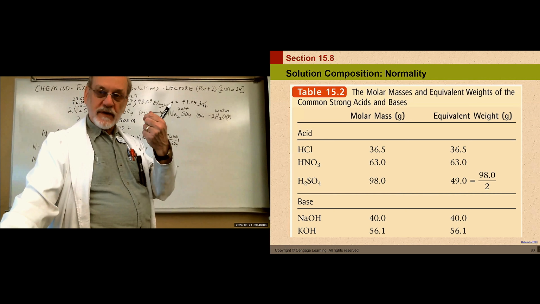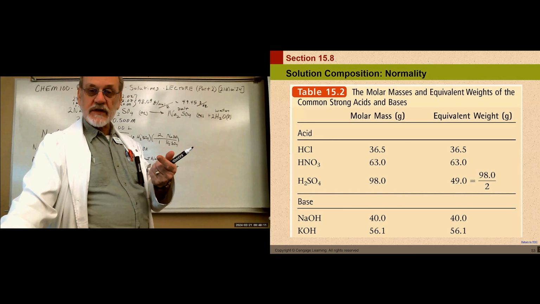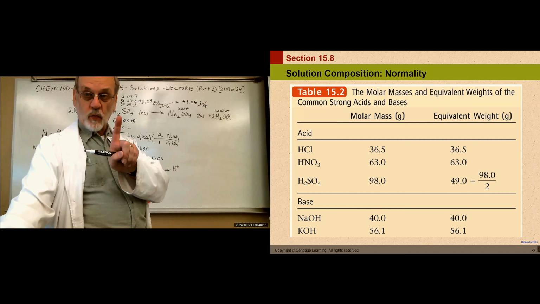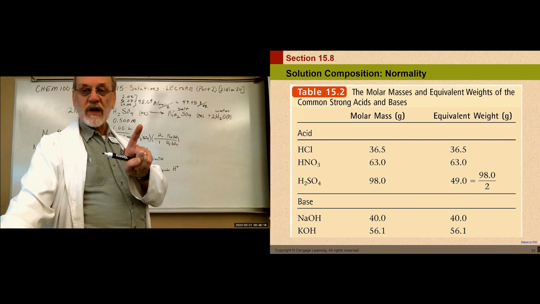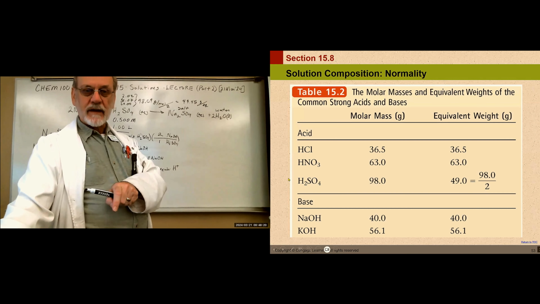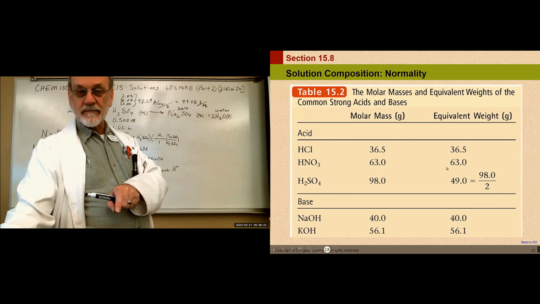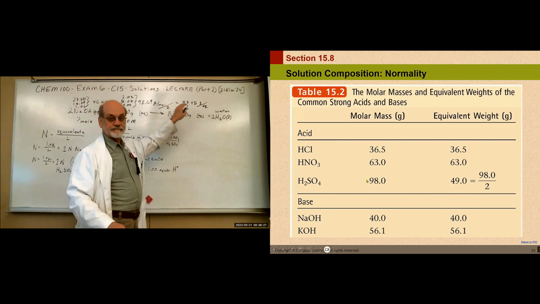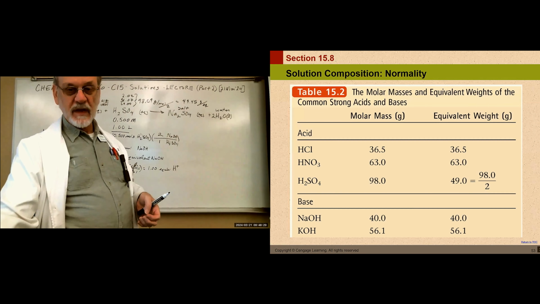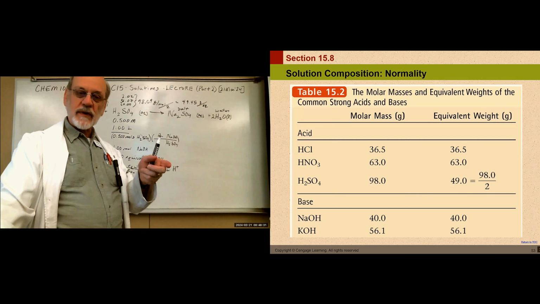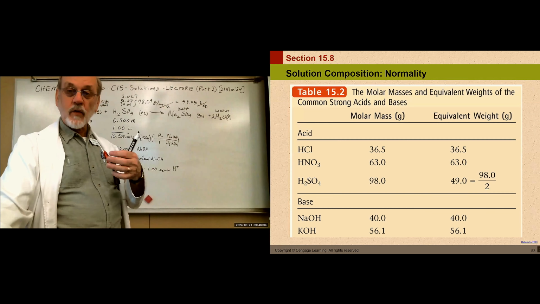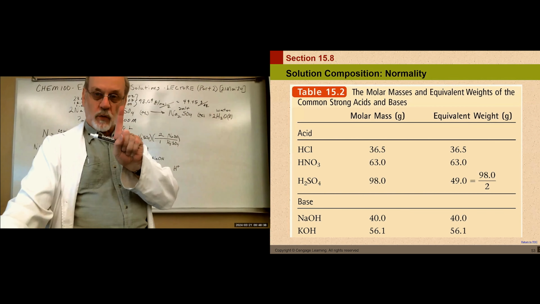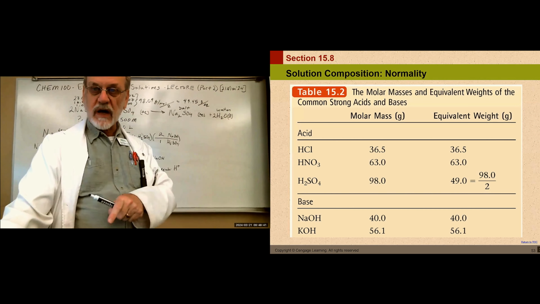The molar mass of hydrogen chloride is 36.5. Its equivalent weight is 36.5 because it produces 1 hydrogen per molecule. Nitric acid would be the same way. Sulfuric is the one we illustrated here. Bases, similarly, sodium hydroxide, potassium hydroxide, their equivalent weights are going to be exactly the same as their molar masses because they only produce 1 hydroxyl per molecule.